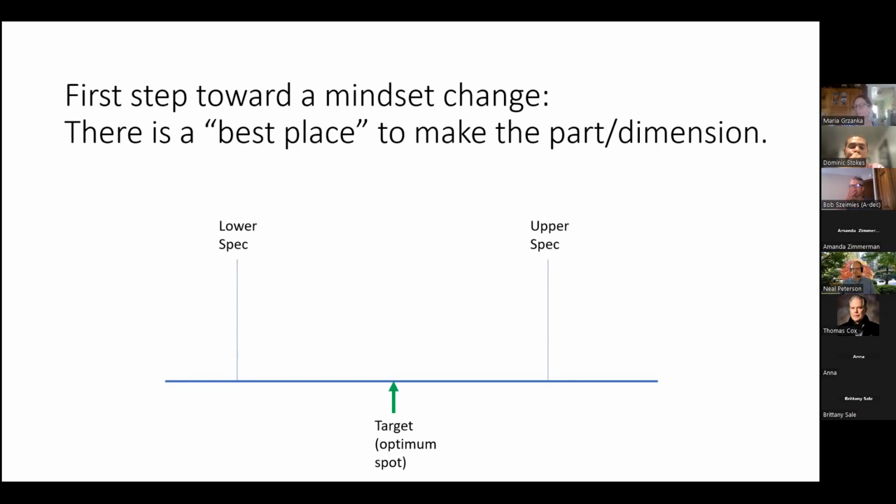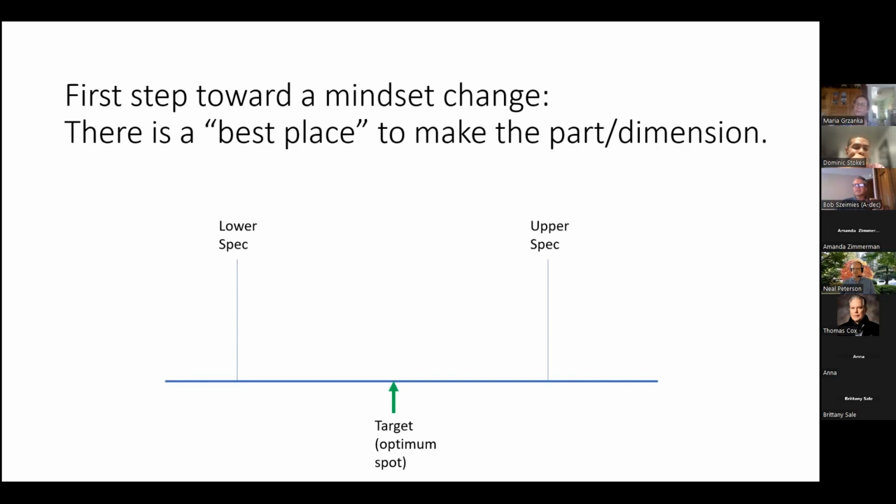So yeah, there's a lot of things in the way, but there's nothing technologically in the way of creating targets. Even if it's not the perfect place, even if it's in the ballpark, it's better than shooting for spec in a lot of different ways. Okay, follow me? All right, so let's change our mindset.